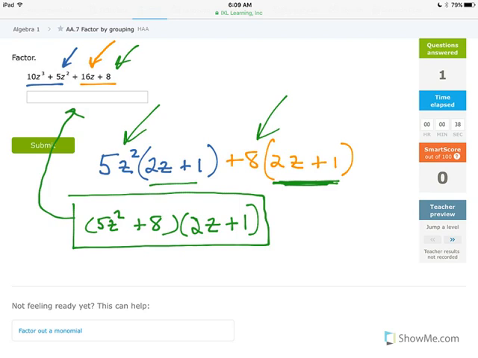And again, I would always encourage you to double check it. So if you remultiply it real quick, 5z squared times that 2z, that should get you your 10z to the 3rd, and your 5z squared times the 1 would just be 5z squared.